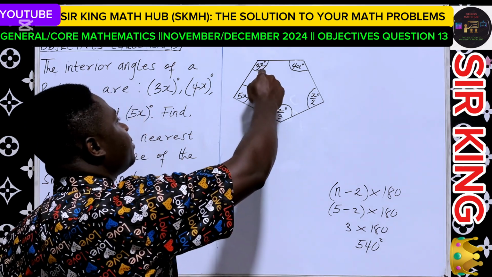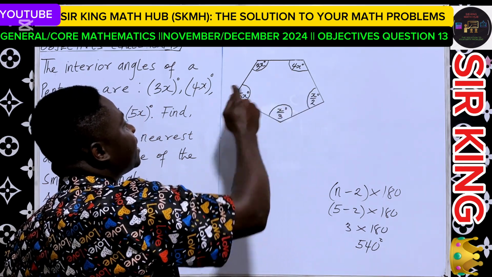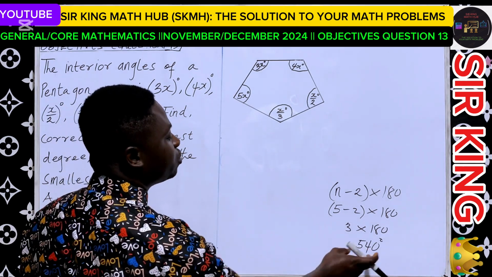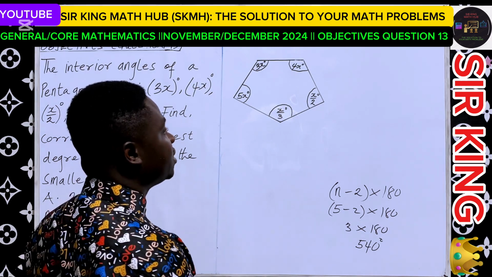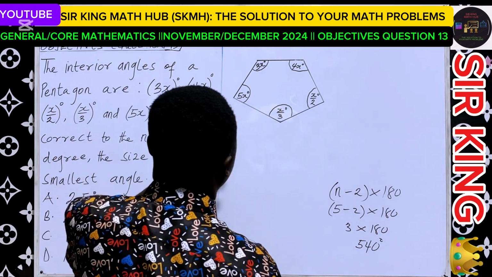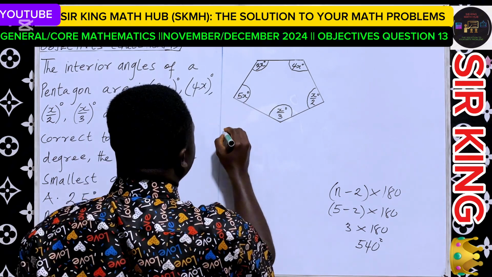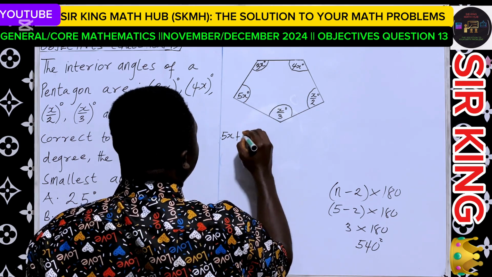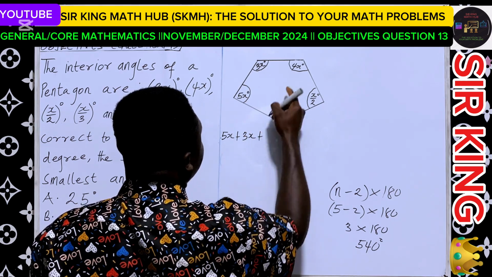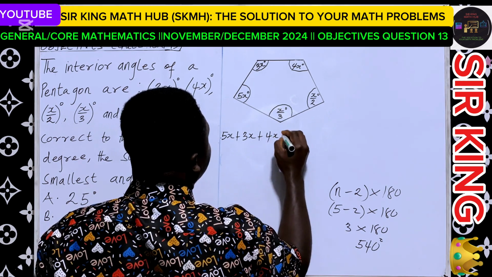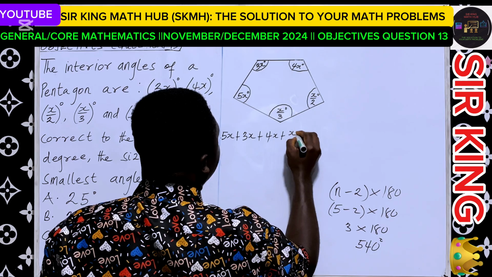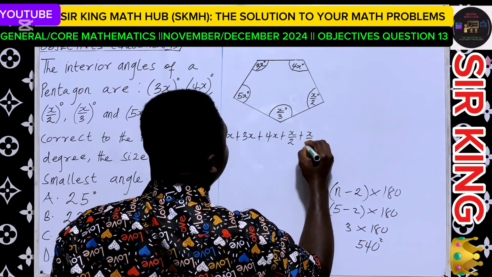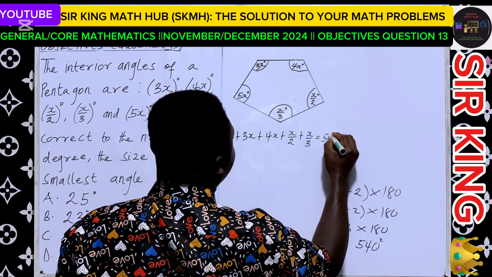So when we sum up the 5 interior angles of this pentagon, it should be equal to 540 degrees. Let's do that, starting with 5x: 5x plus 3x plus 4x plus x on 2 plus x on 3 equals 540.